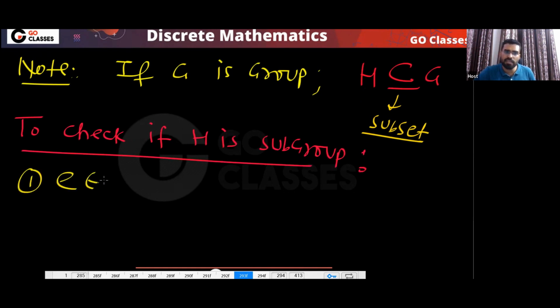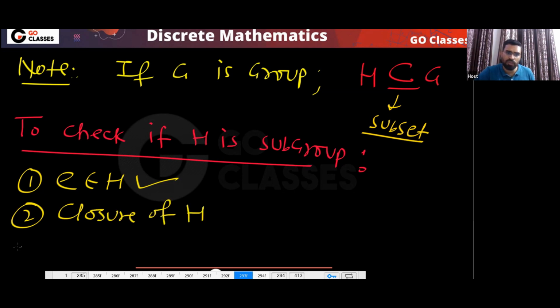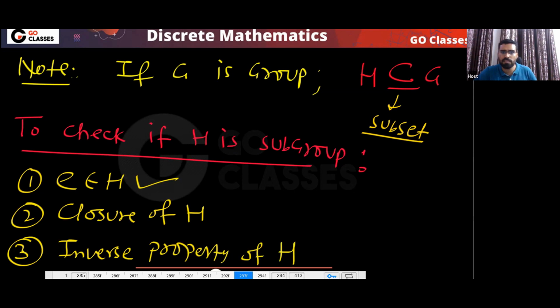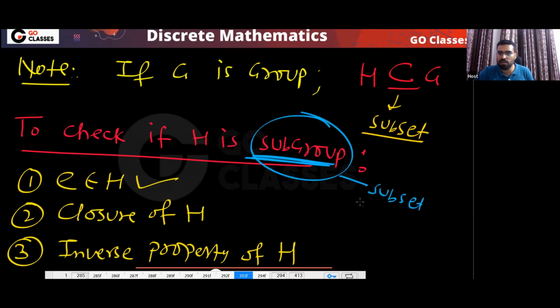You need to check that the identity element must be there, and also the closure property of H, and the inverse property of H. This is what you need to do, right? Agree? Subgroup means a subset which is a group. So these things you have to check.